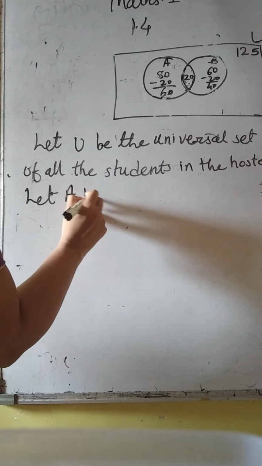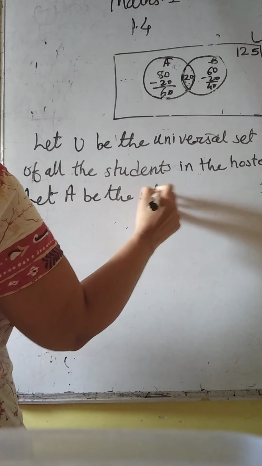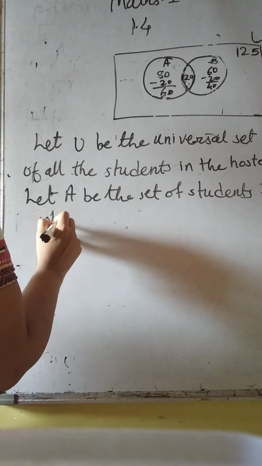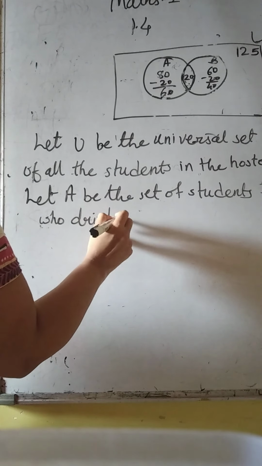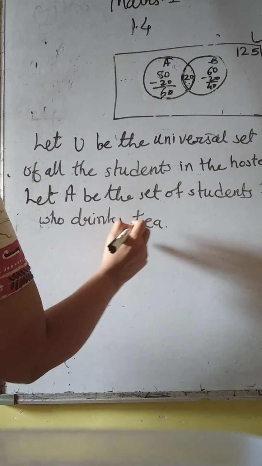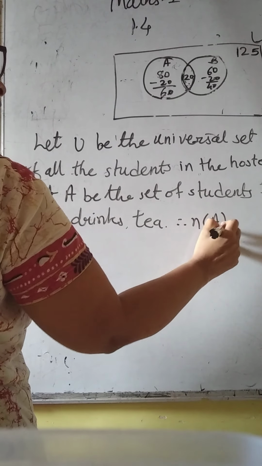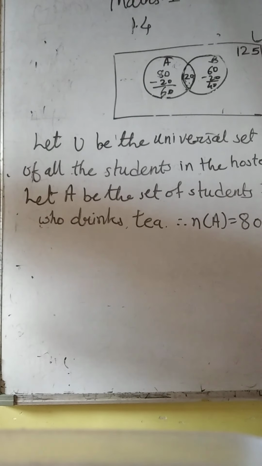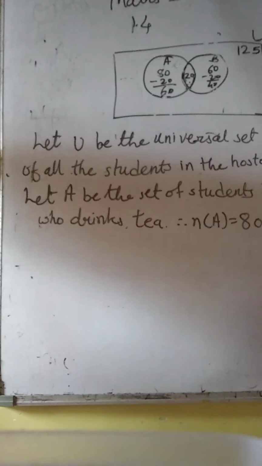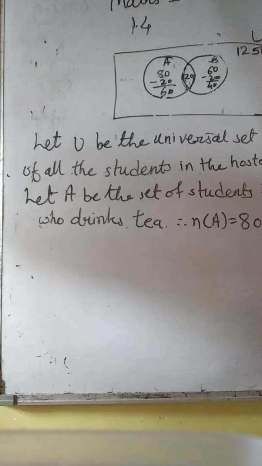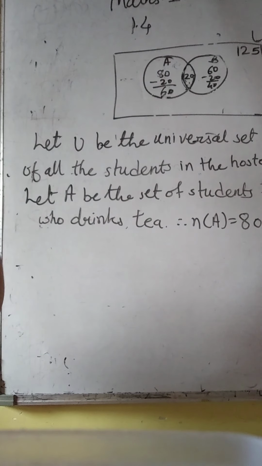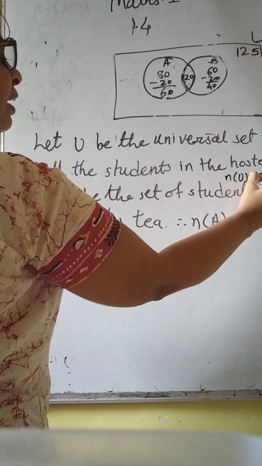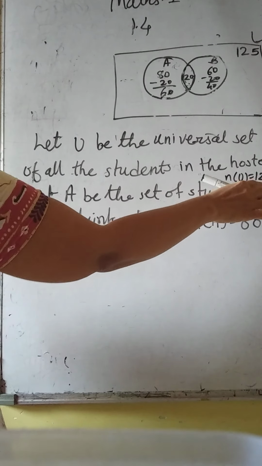Let A be the set of students who drink tea. Therefore, N of A is 80. 80 was given, no? Correct? Here, children, you can write down the places there. N of U is 125.